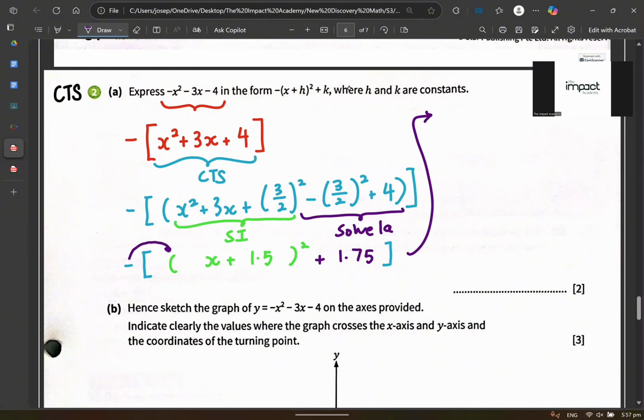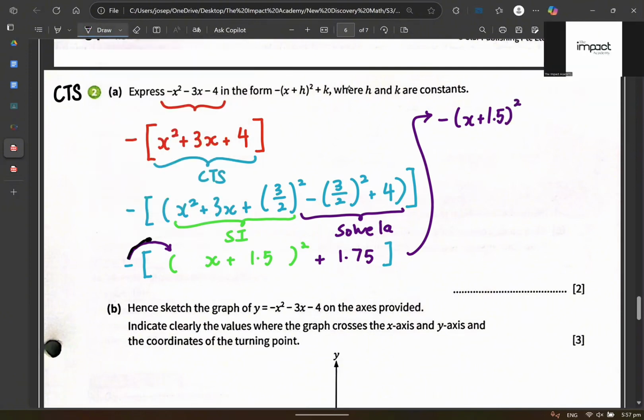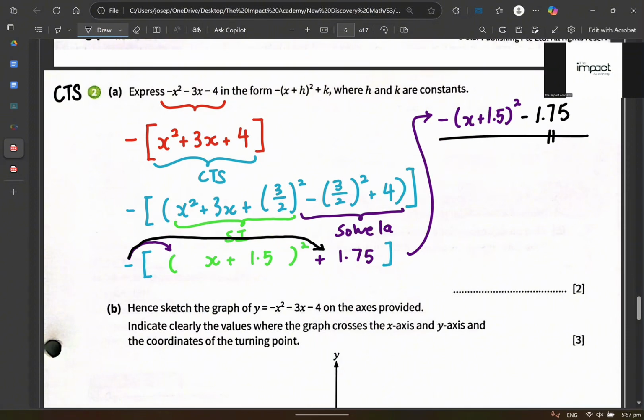It gets spewed into this, so it becomes minus bracket x plus 1.5 squared. And not only that, it also gets spewed into this, which explains why this becomes minus 1.75. Is this something that you can understand? That is the real reason why your answer will basically be this, and this is your answer for this question.